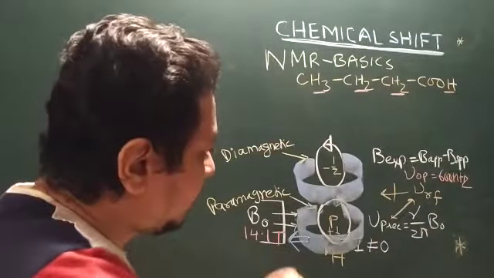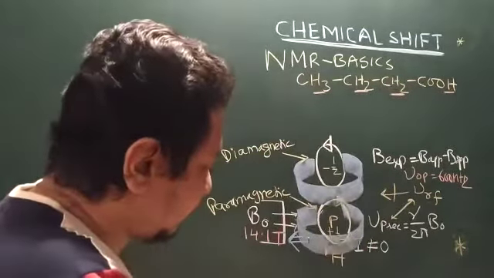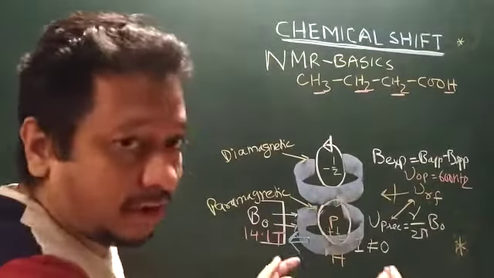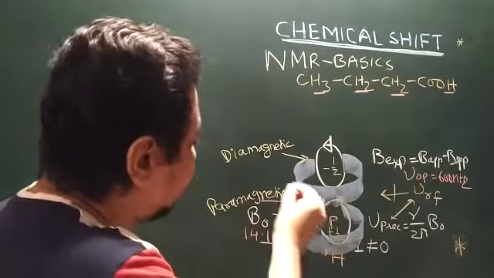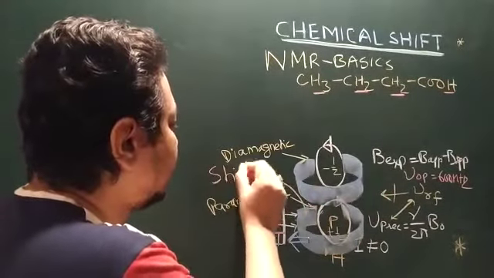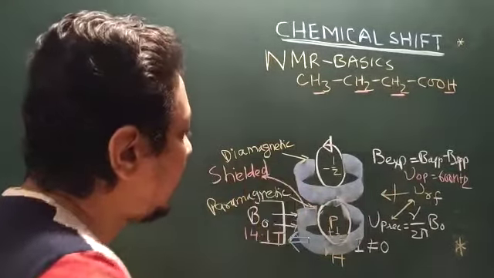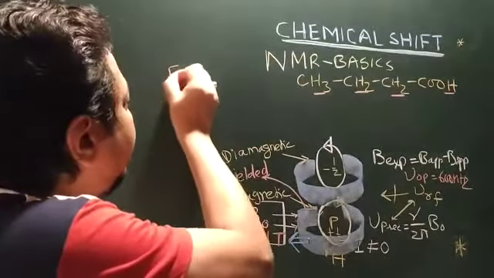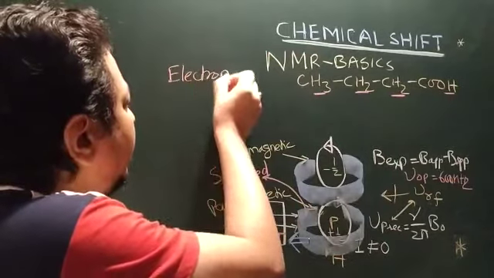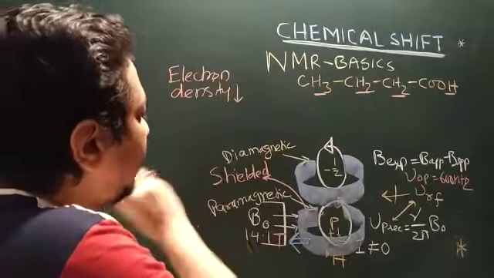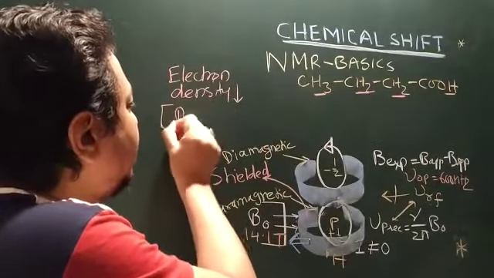Now if the electron density is high, then we can say that particular nucleus is shielded. And if the electron density around the proton is reduced, then we can say that particular nucleus is de-shielded.